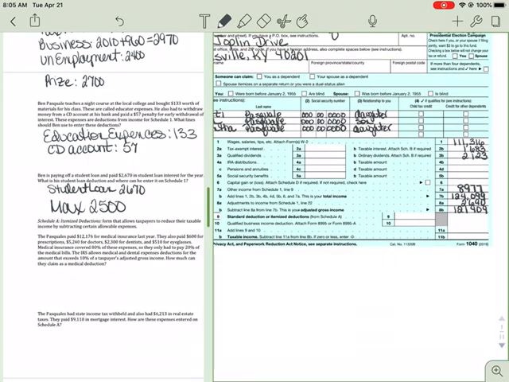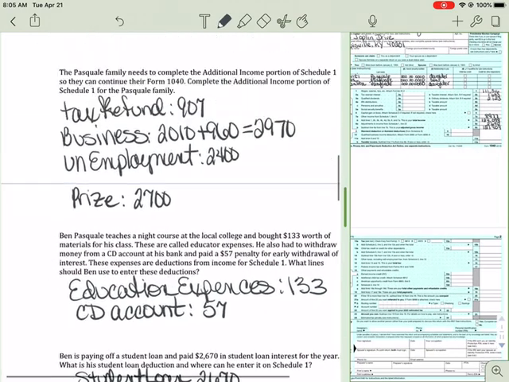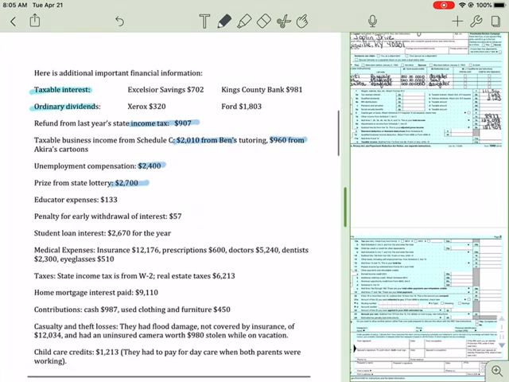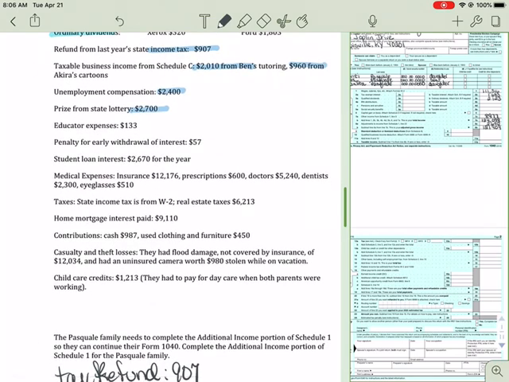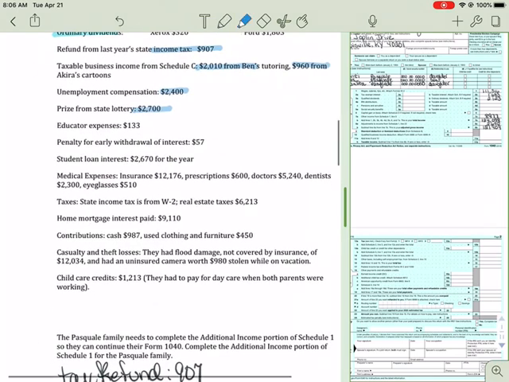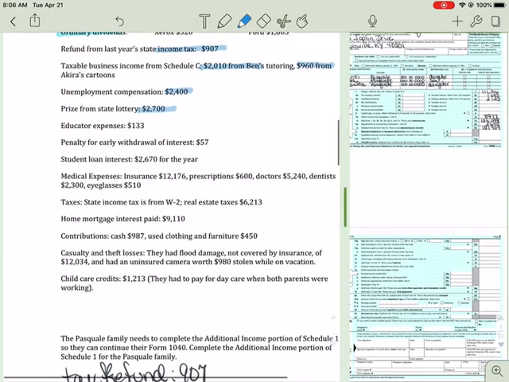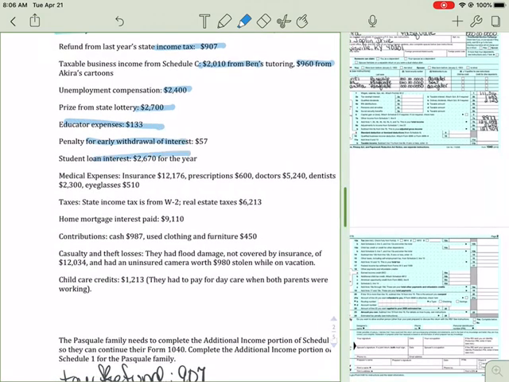Now, normally at this point we do our standardized deduction. The problem is that because they have so much information, penalty for early withdrawal, interest. Okay, we did all that. That's done. So we have all of this information, oh, wait, not all of it. Okay, child credit is after we look.